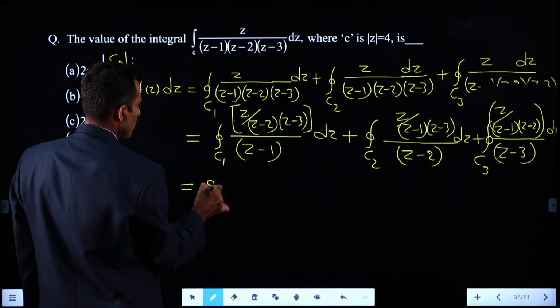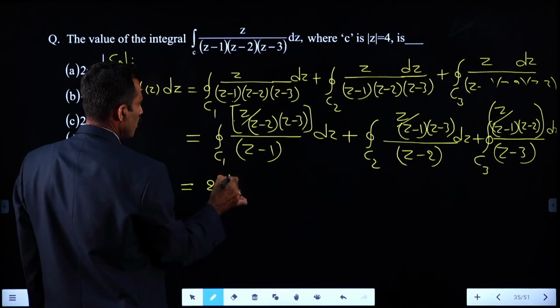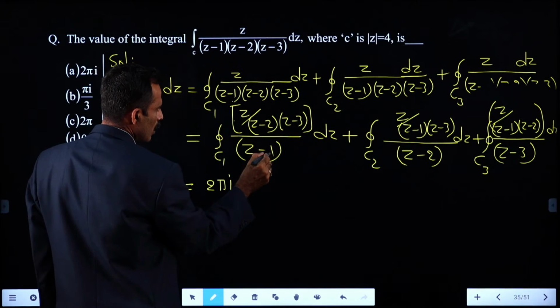So for the first integral, we apply Cauchy's integral formula: 2 pi i into phi of z naught, where z naught is 1.